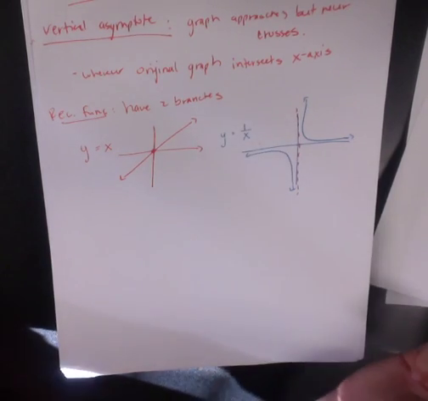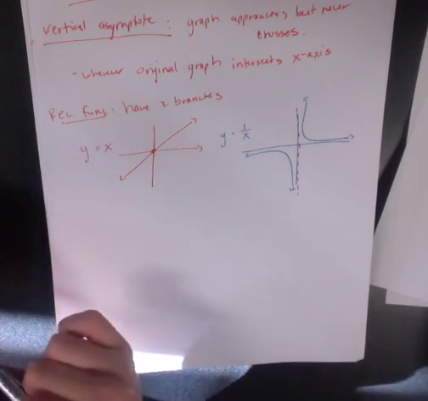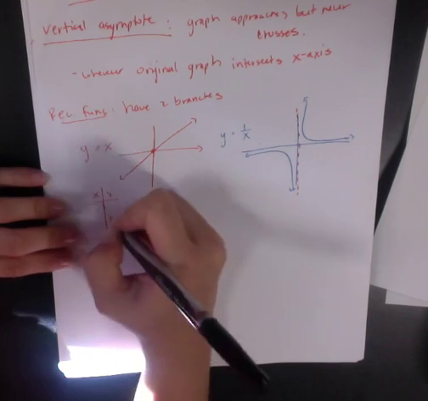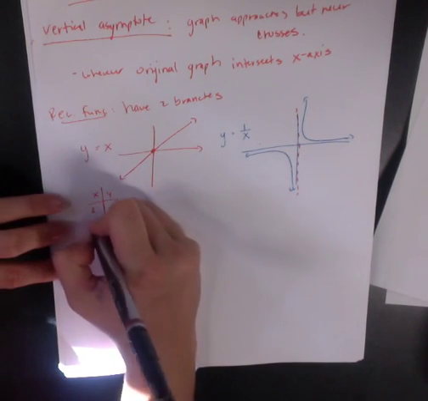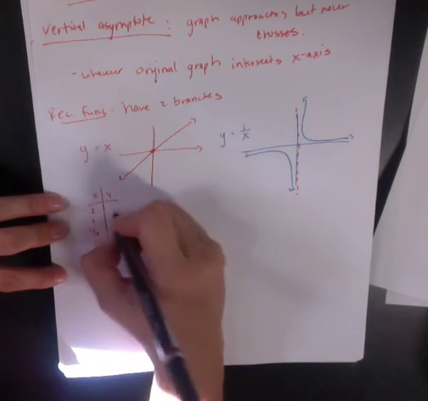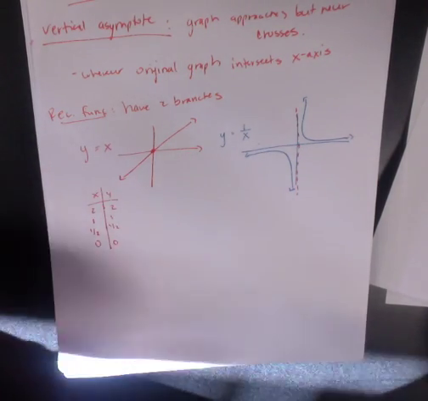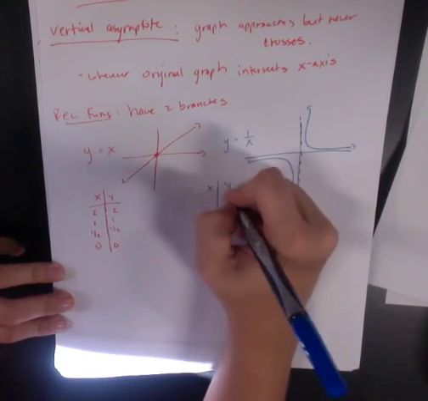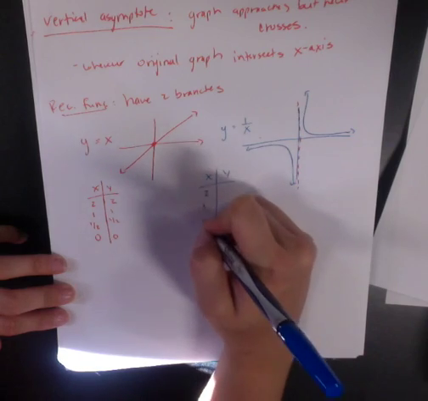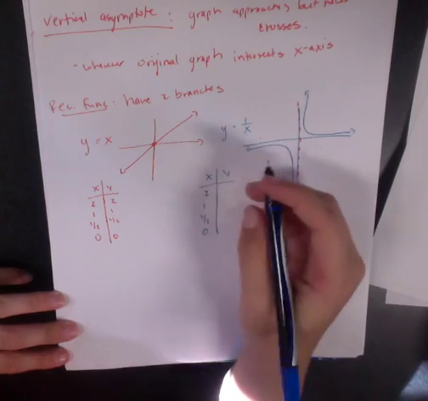Now, I just happen to know that's what that graph looks like, but how you would do this is you would get XY charts. Now, for here, if we had 2, 1, 1/2, 0, if those are the values I plugged in, then I know for y I get the same values because y equals x. Now, my reciprocal function is just that. It's the reciprocal. So if I plug in the same x values, 2, 1, 1/2, 0, for y, I get the reciprocal.